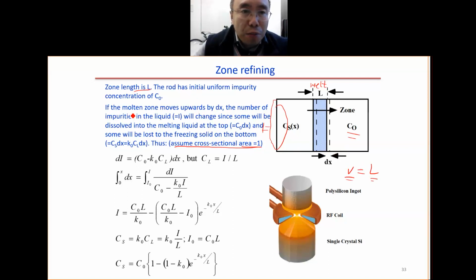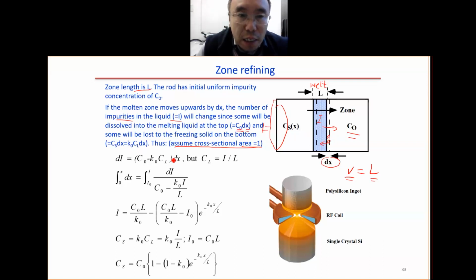Now we assume that the molten zone moves upward by dx, that means the molten zone moves to the right by the amount dx. Then we want to know the change of the number of impurities, I, in the liquid. This part of the dopant will get into the liquid, which is given by C0 dx.